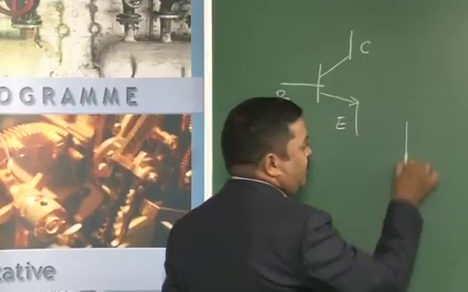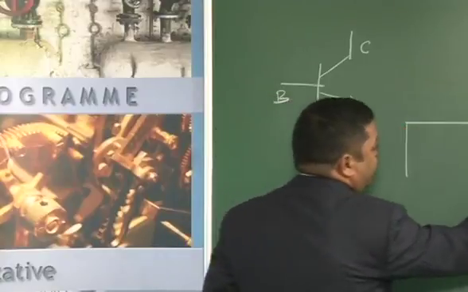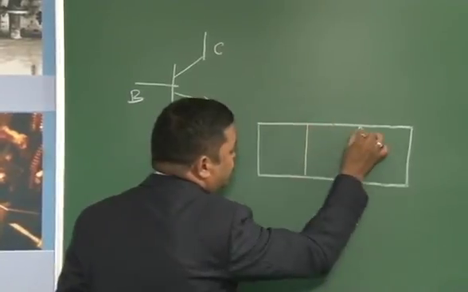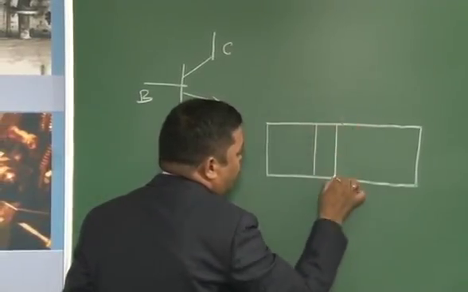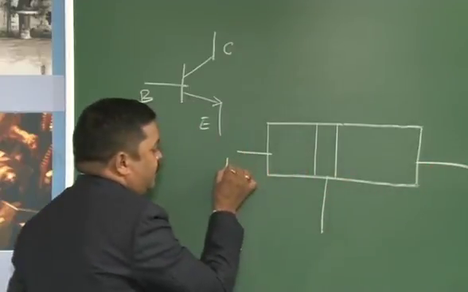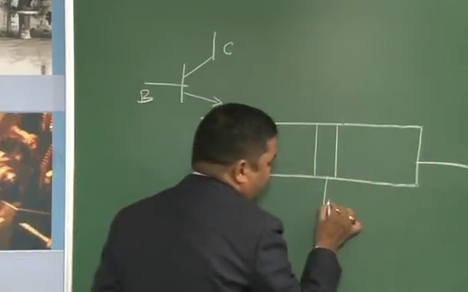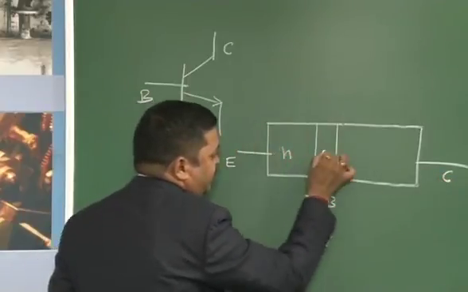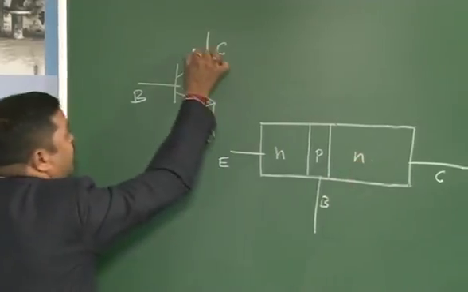If we want to see the junctions between the different 2 junctions of BJT, we need to go for the structure of BJT, which will be like this. This is emitter, then base and then collector. This is an NPN transistor.